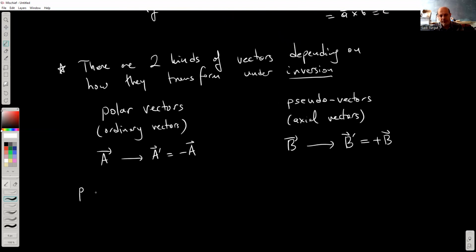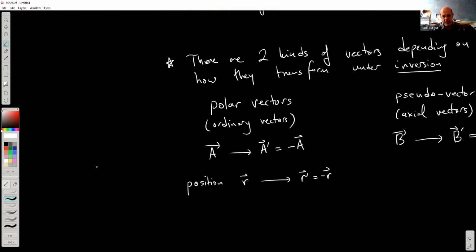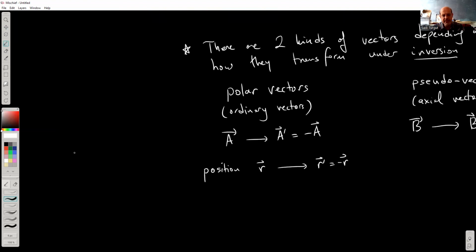So examples of the polar vectors are the position, all right? A position, for example, after an inversion is going to change to a new position, which is equal to minus R. So let's just think of it like this. For example, we have a hydrogen atom, and I have an electron in here, and this electron perhaps has some velocity, and that's the position in here.